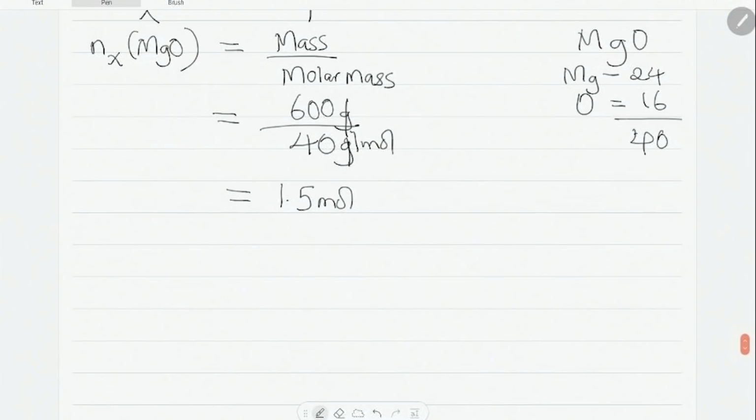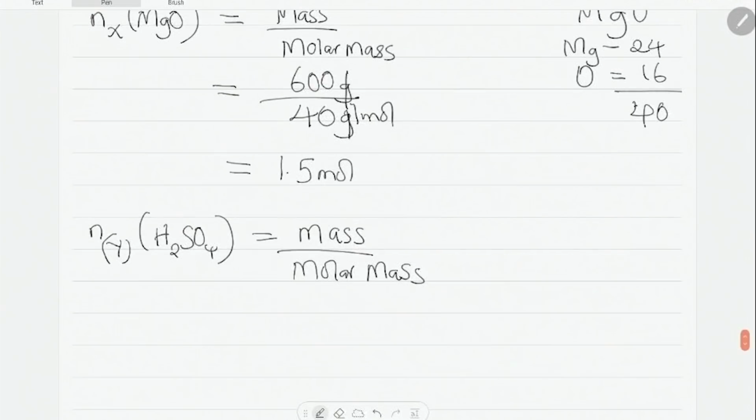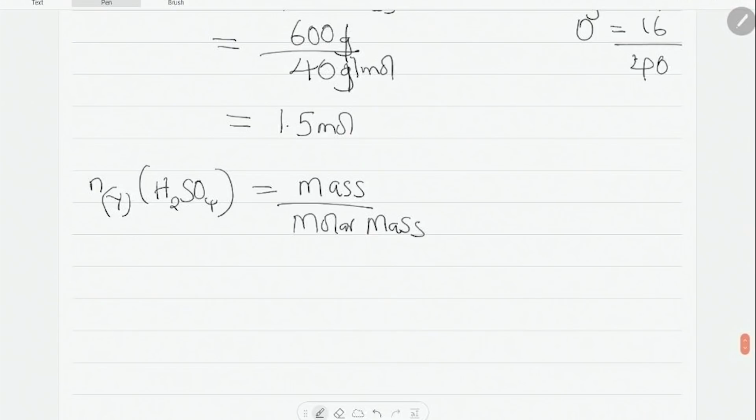Then we go to the next one. Number of moles of Y, that is H2SO4, is equal to mass over molar mass. Then our mass which we've been given for sulfuric acid is 980 grams over molar mass.